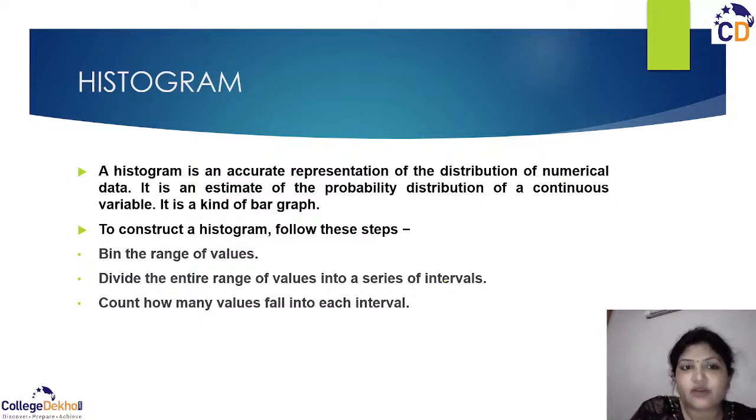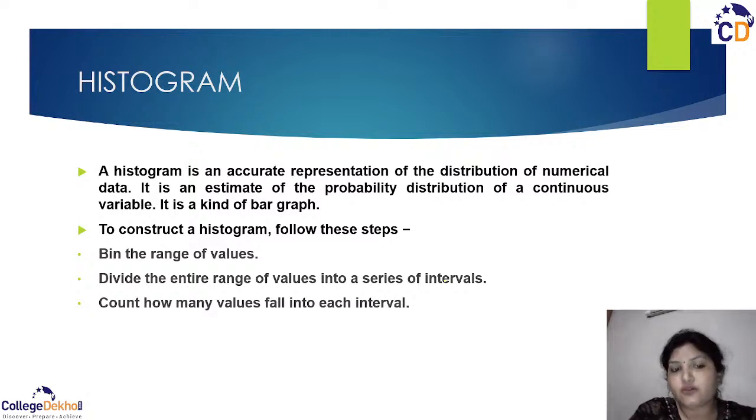So what is a histogram? A histogram is an accurate representation of the distribution of numerical data, and that data is of a continuous variable. Yes, it's a kind of bar graph, but in bar graphs you have different categories, whereas in this a single variable is used.